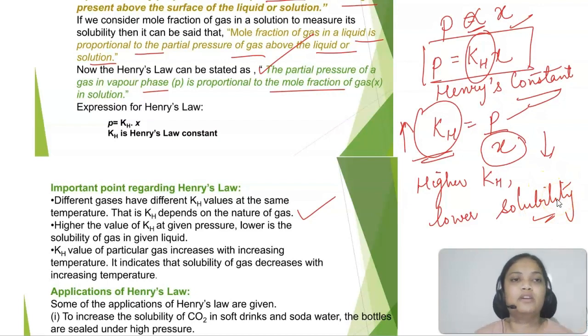If you go through the PYQ book, you will see that 2 or 3 questions have been asked repeatedly based on Henry's law constant. From there you just have to compare the values of solubility. So for that you must know that the higher the value of KH, the lower will be the solubility of any gas.